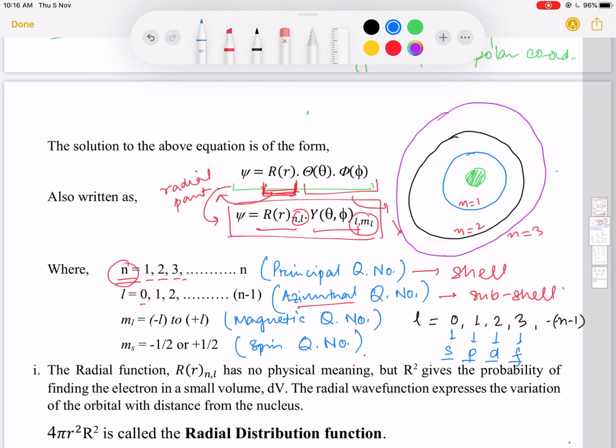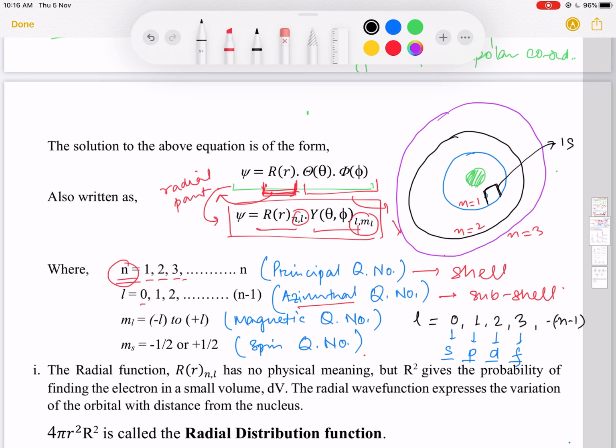Previously, in class 11 and 12, I think you studied these as S orbitals, P orbitals, D orbitals, F orbitals, but actually these are not orbitals, these are subshells that are present inside the shell. For n equal to 1, we have only one subshell, called 1s.